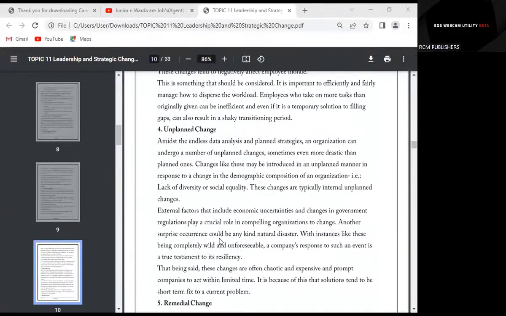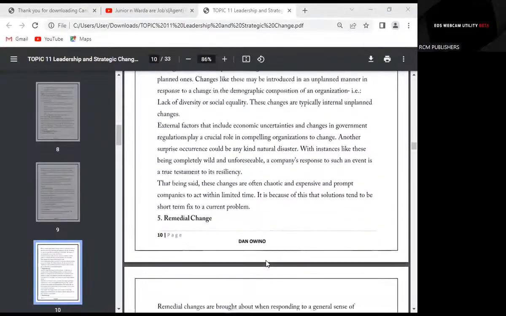Then we have unplanned changes. Just from the word unplanned, it means that we didn't even have a plan or a strategy, but we end up introducing changes. So unplanned changes are basically those changes which are undertaken without any advance measures put in place, like when it comes to disasters which were not planned for, or where no mitigation measures were put in place.